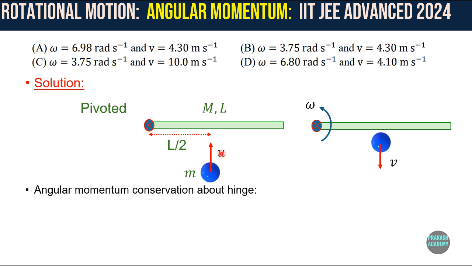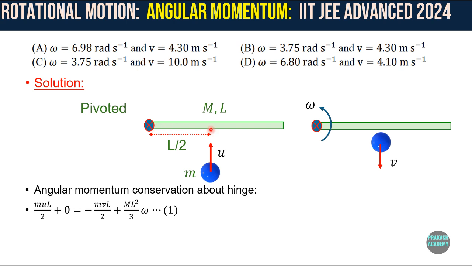So let us write the angular momentum conservation equation about this hinge or pivot. We will first write angular momentum before the collision and then after the collision. Before the collision this rod is at rest, so there is no angular momentum associated with it. So angular momentum is 0. Now this ball is moving. We know angular momentum about an axis is given by r cross mv.